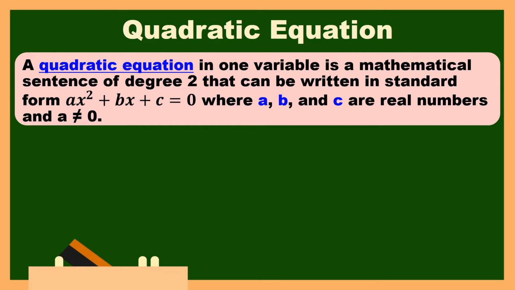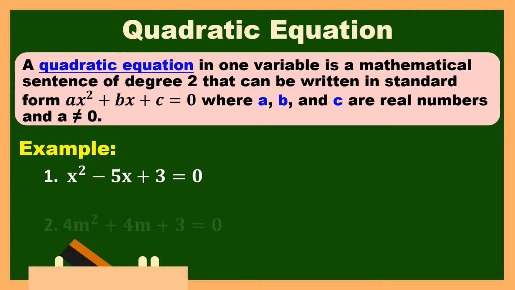Mga halimbawa ng quadratic equation. Number 1, x squared minus 5x plus 3 equals 0. As you can see po, merong exponent na 2 yung first term. Number 2, 4m squared plus 4m plus 3 equals 0.